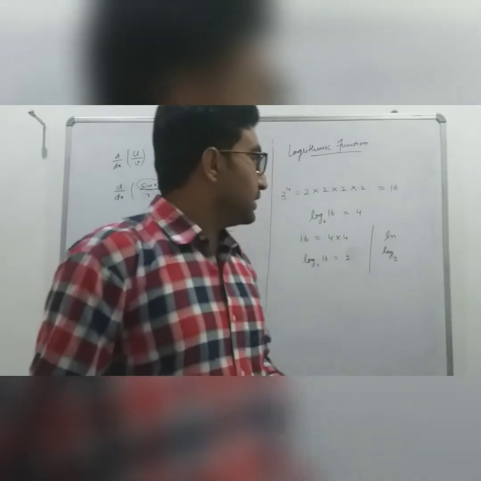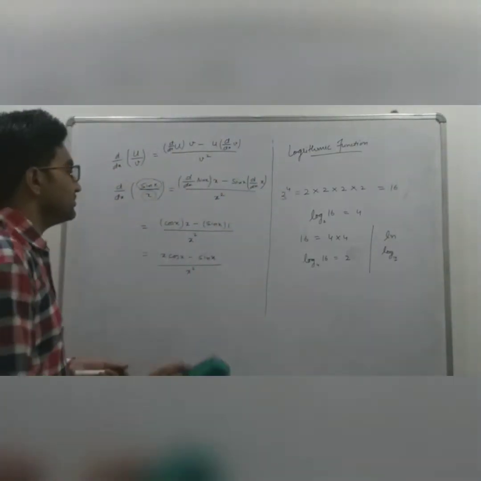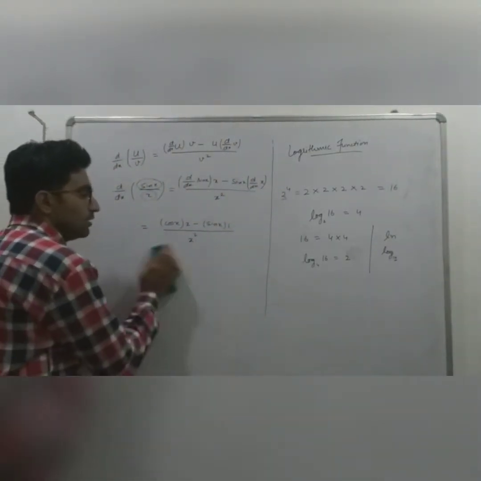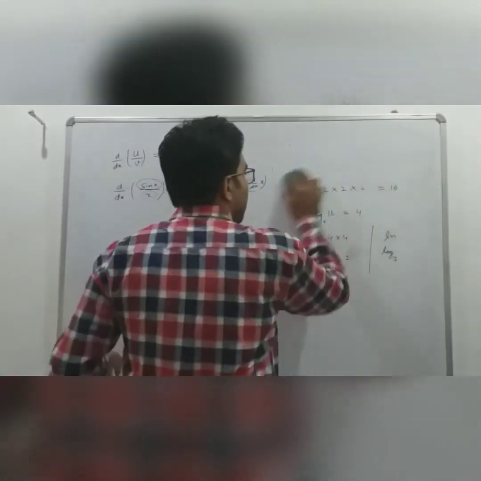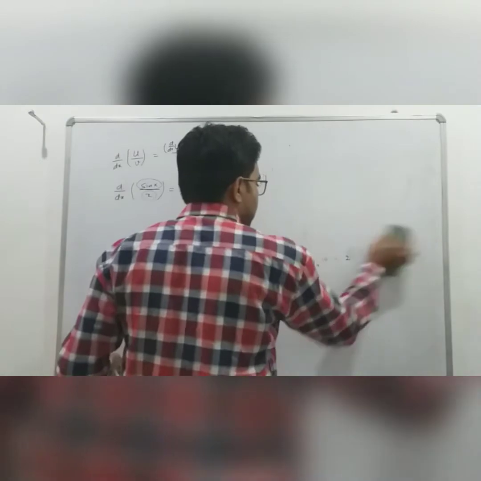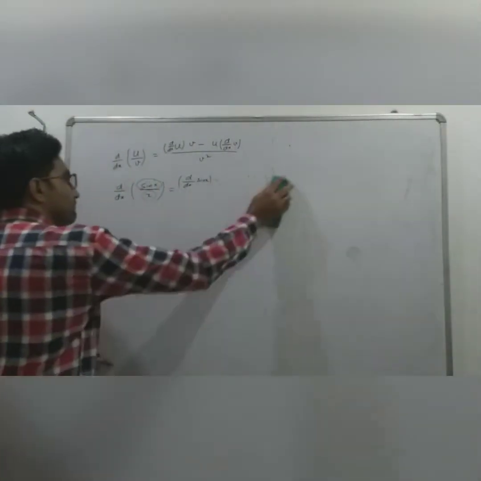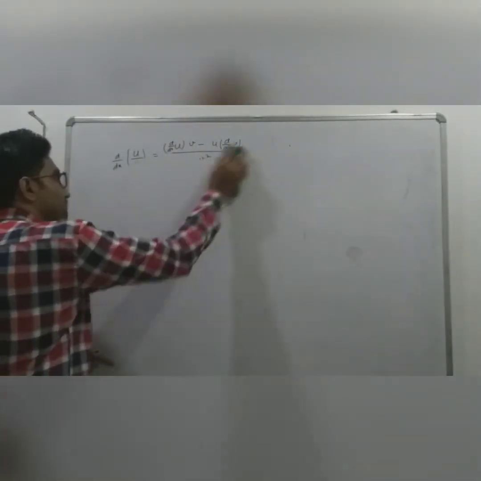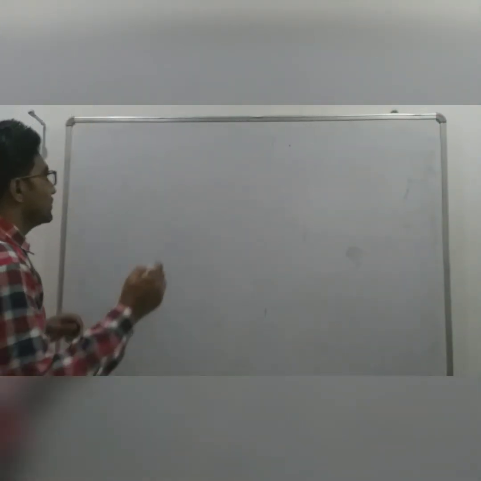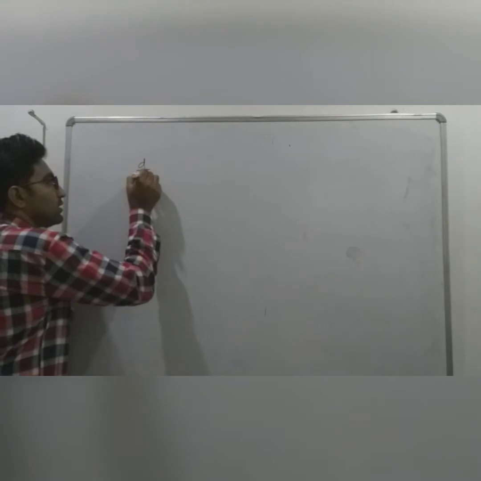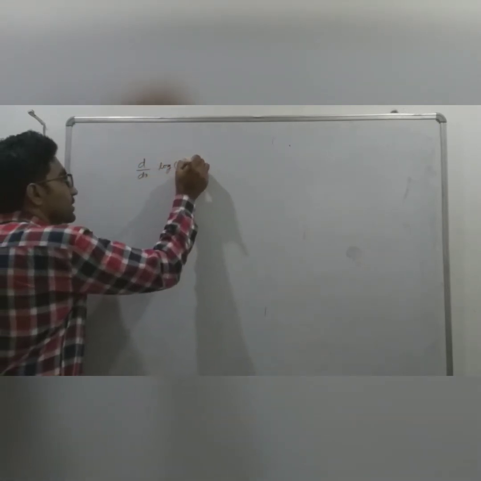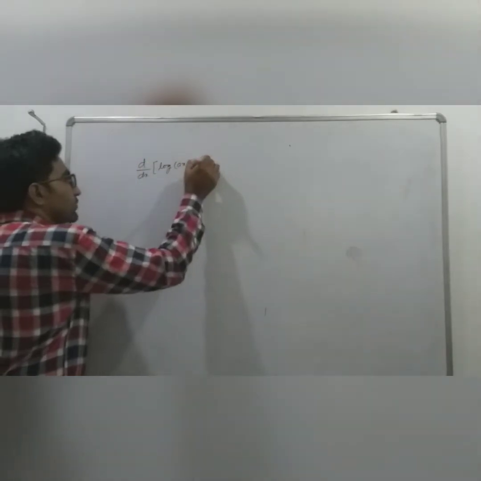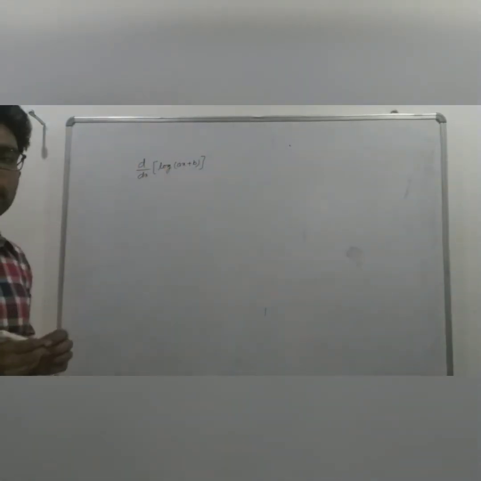Okay, let's take the differentiation of a logarithmic function. Suppose we are given log of ax plus b, and we have to find the differentiation of log of ax plus b.